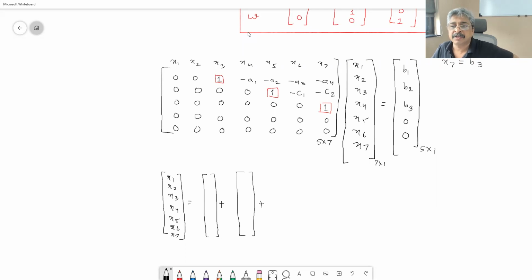Second equation, x5 is equal to b2 plus c1 x6 plus c2 x7, which is b2 plus c1 x6 plus b3 c2.